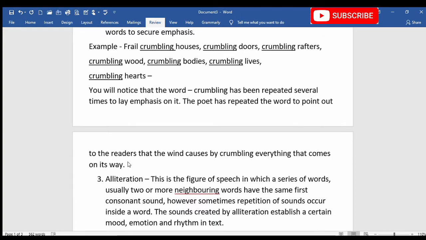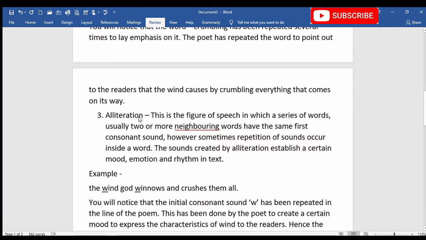Now the third figure of speech is alliteration. Now what is this figure of speech? This is the figure of speech in which a series of words, usually two or more neighboring words, have the same first consonant sound. However, sometimes repetition of sounds occurs inside a word.